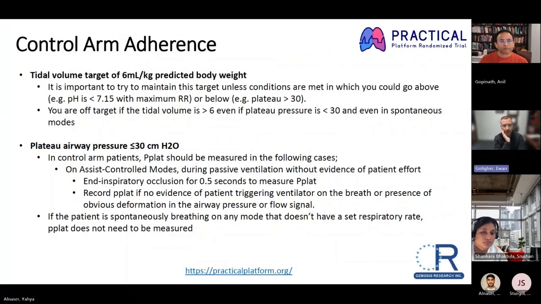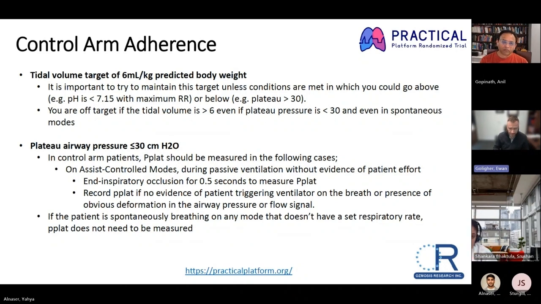Next slide. So I already emphasized trying to stick at 6 mL per kilo. And then the plateau pressure should be kept at or below 30 centimeters of water. The plateau pressure should basically be measured when the patient's passively ventilated without patient effort.